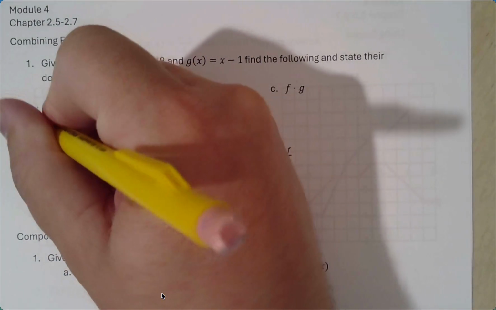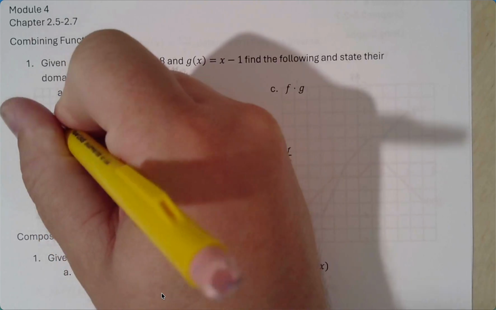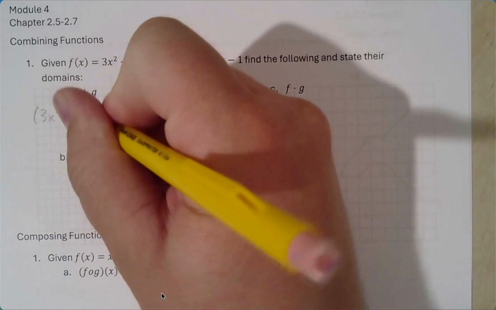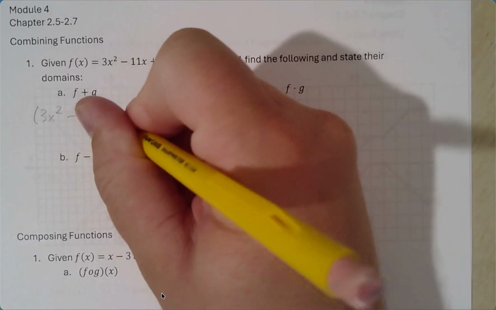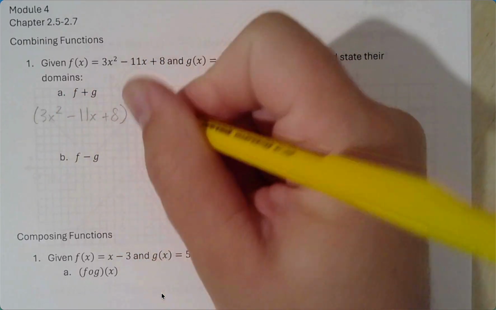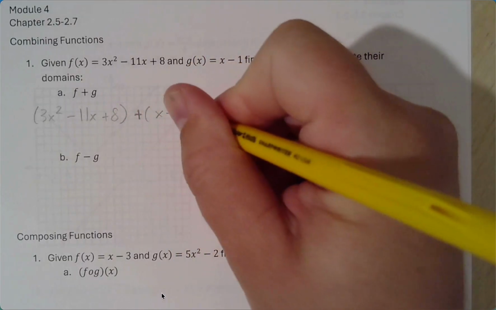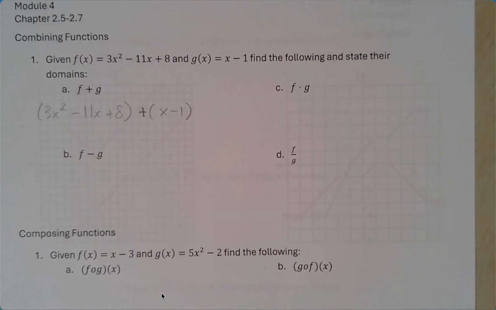The way we would start number one is, well, any quote unquote good mathematician initially does substitutions with parentheses. So now here's the plus sign, and then g is this.